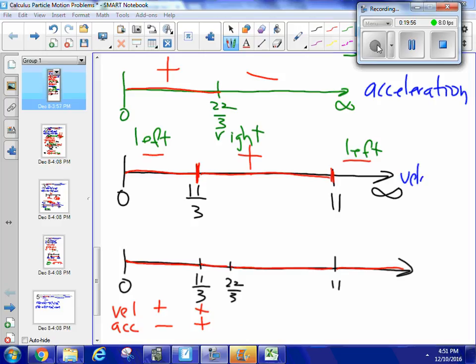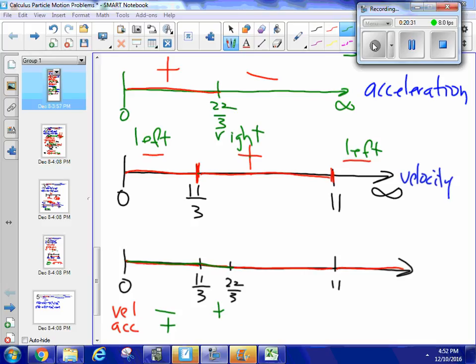So let's go back again and just relook at our intervals. Between 0 and 11/3, my velocity is moving left, it is negative. My acceleration, however, is positive. Between 11/3 and 22/3, my velocity is positive. My acceleration is also positive.